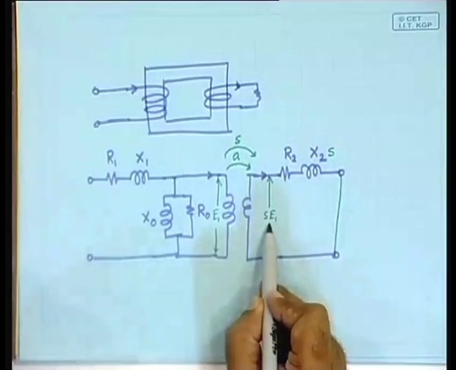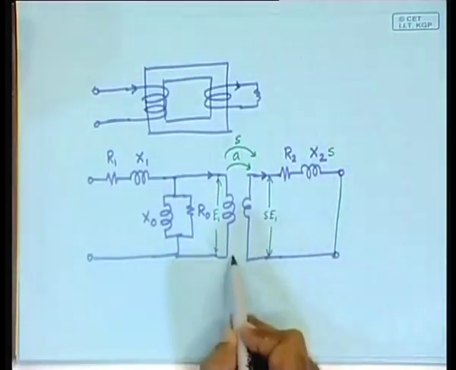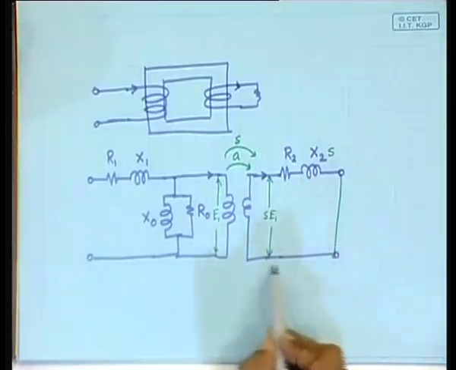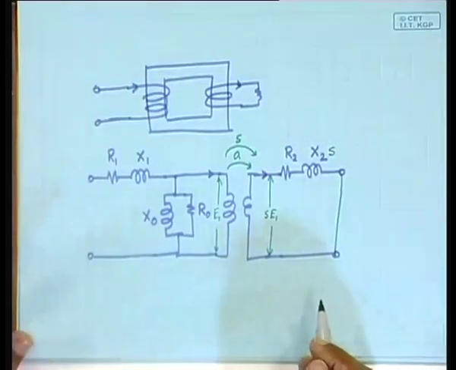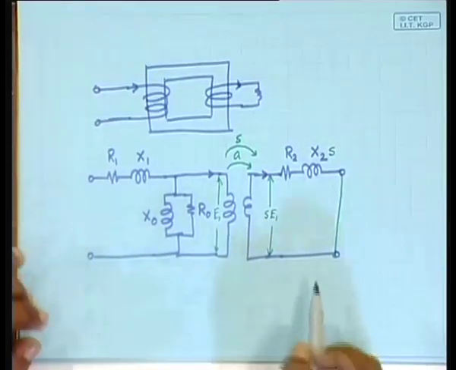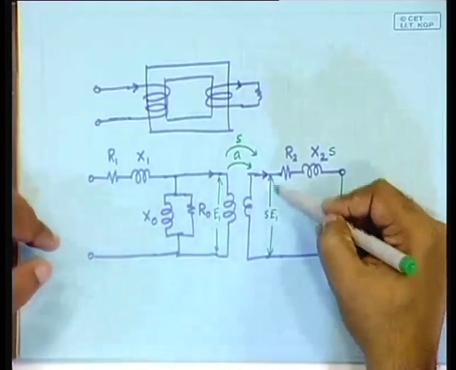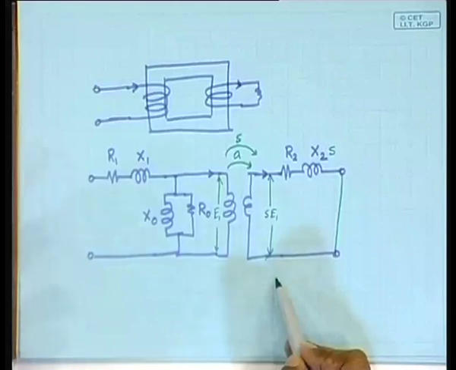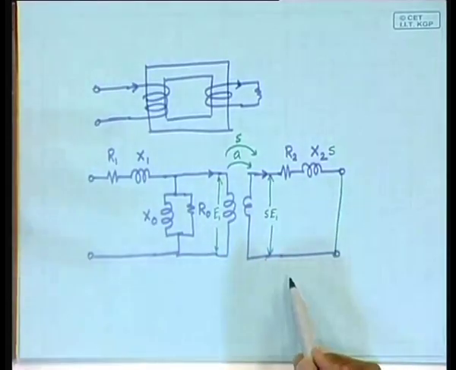So, SE1 is the voltage that allows the current to flow. SE1 is the voltage that allows the current to flow, and how much is the current? I. This SE1 divided by this. Okay. So, it is that amount of current.